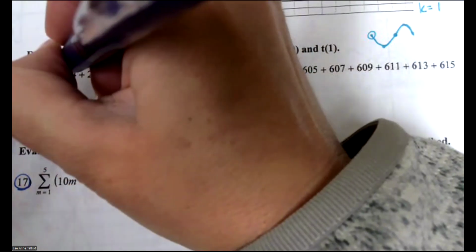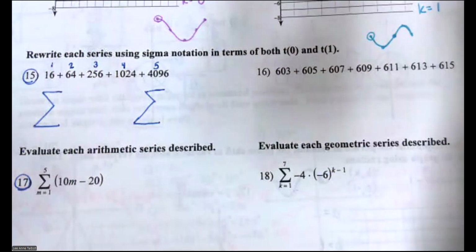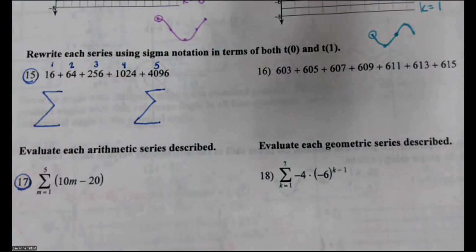And the first thing I'm going to do is number the terms 1, 2, 3, 4, 5. Everybody clear so far?